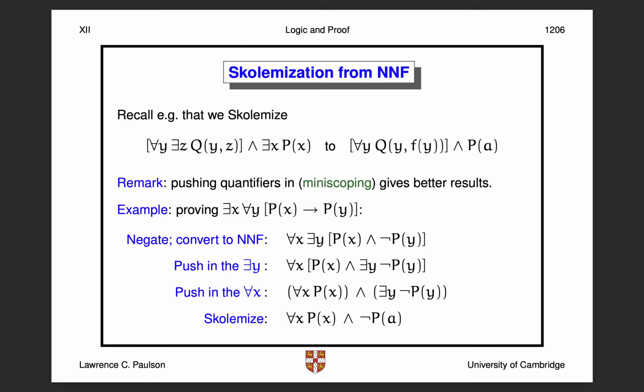Now, it depends on the wording of an exam question, if we're thinking about exams, whether you are allowed to transform a formula and to what extent. But just to look at this example here, we have seen this formula before. If we negate this formula, okay, we're going to do a Tableau proof, so we want to negate it, and we're then going to put it on the left-hand side.